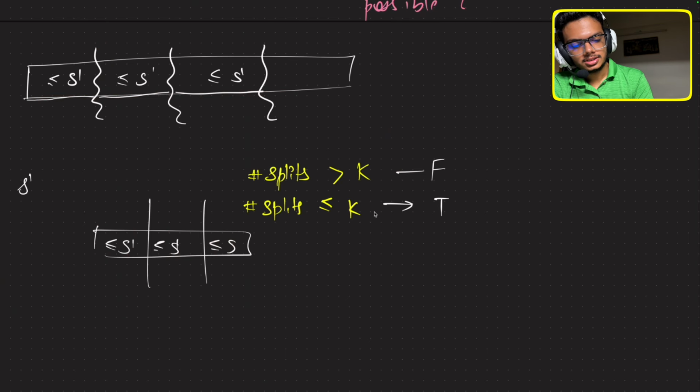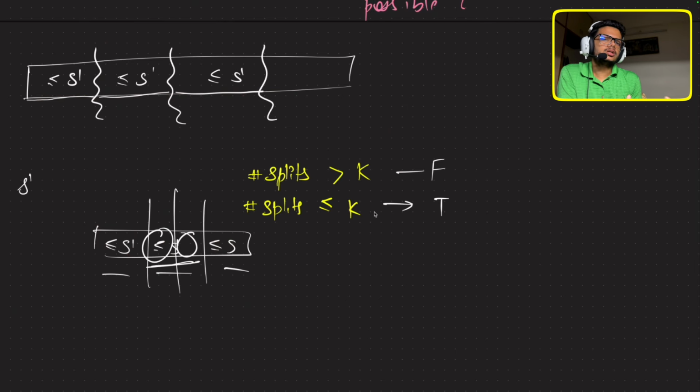How? See, if you have 3 splits where the sum is not exceeding S dash, we can also have 4 splits, right? You know for the fact that in this portion the sum was not exceeding S dash. So even if you do one more split, definitely in these two portions also the sum won't exceed S dash because all the array elements are positive, right?